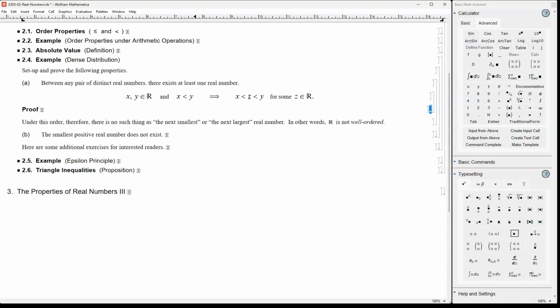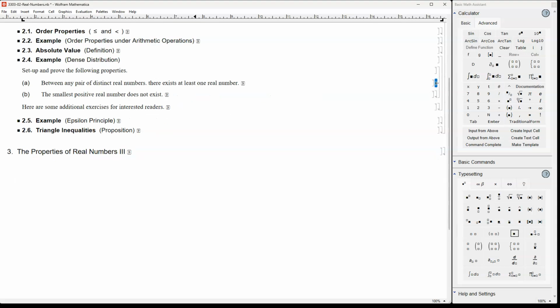And once you get z, you can use the same property to get the next, and so on and so forth. Conclusion? There exists at least one real number. Consequently, there are infinitely many real numbers in between. So that's the dense distribution property of real numbers.